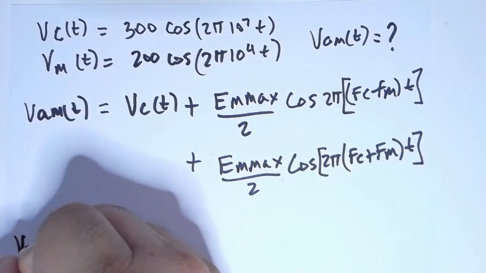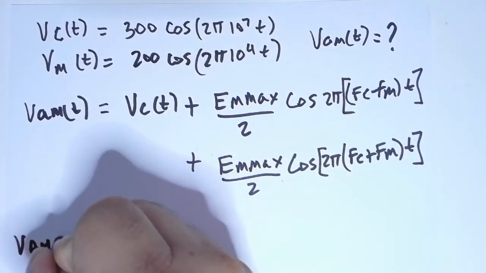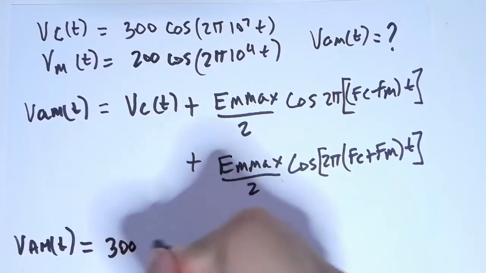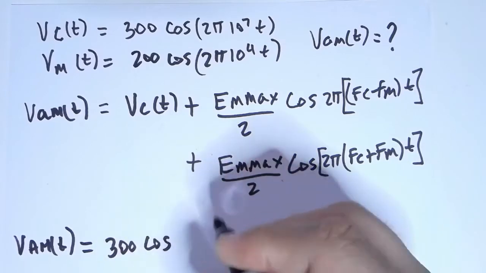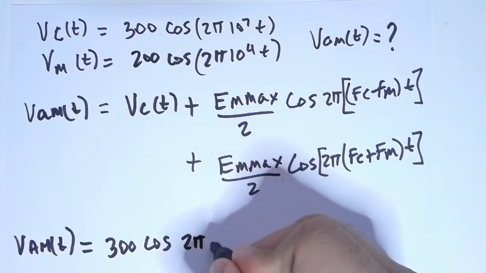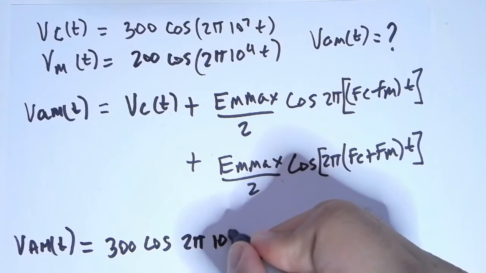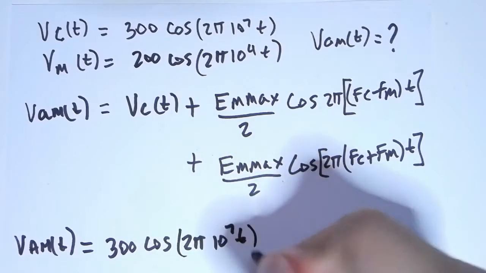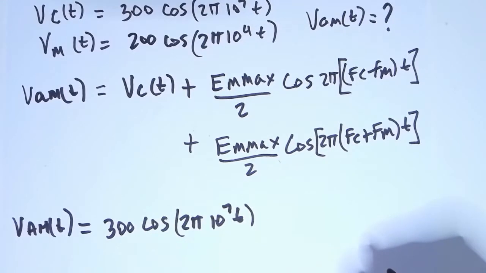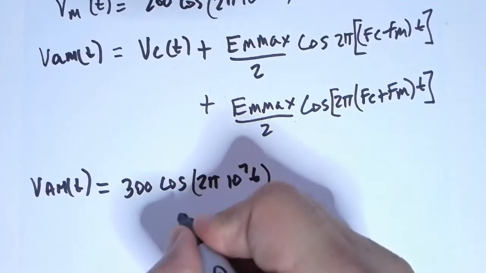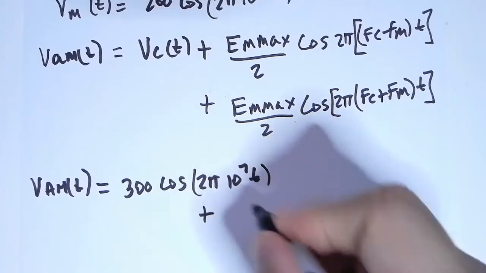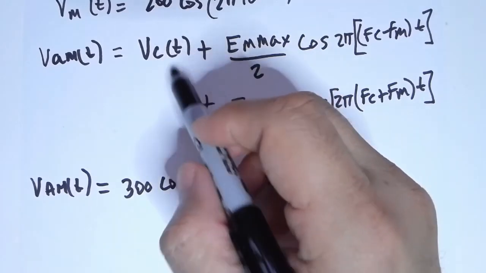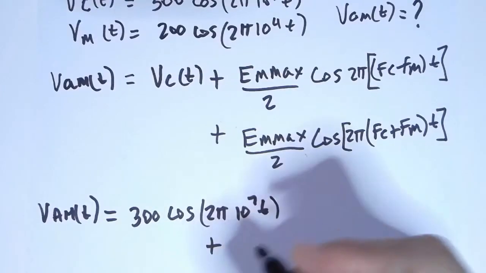So we have that the amplitude modulation signal is given by 300 cosine of 2 pi of 10 to the 7 times t. Okay, plus the max, which is the peak voltage, 200 volts there.